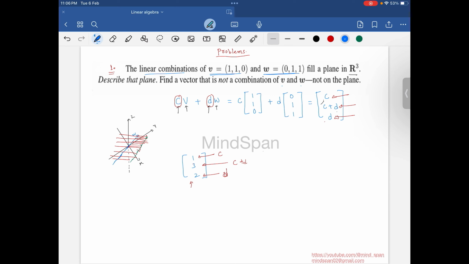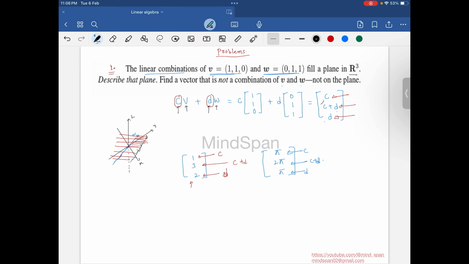Similarly, we could also have a vector with pi and 2 pi, right? So this is c and d, and this is c plus d. This vector will also belong to the same plane, or you can say it will also belong to the linear combination of v and w.